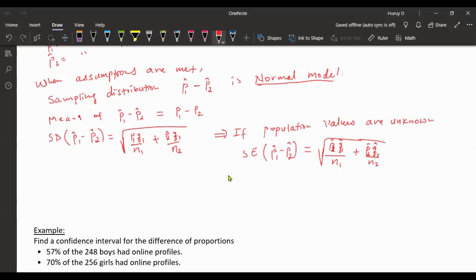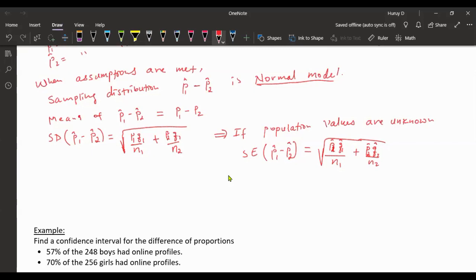The only thing is now we add another value. You remember, if you ignore this part, that will be the standard error of just P hat 1. And if you ignore the first term, this will be the standard error of P hat 2.